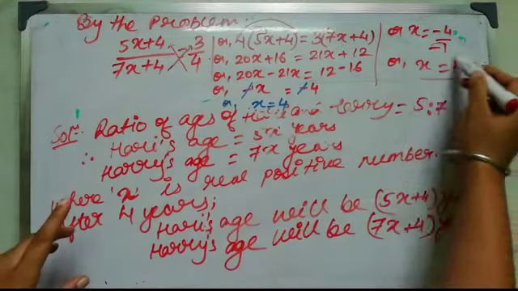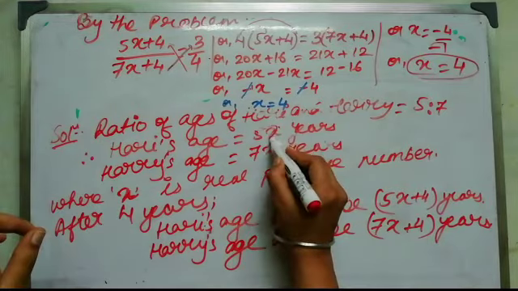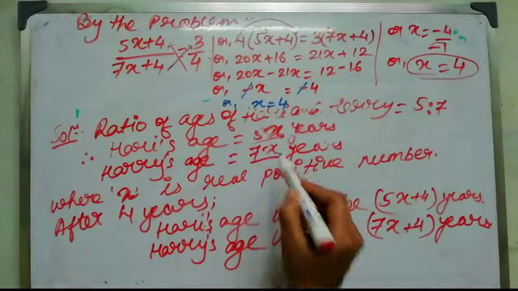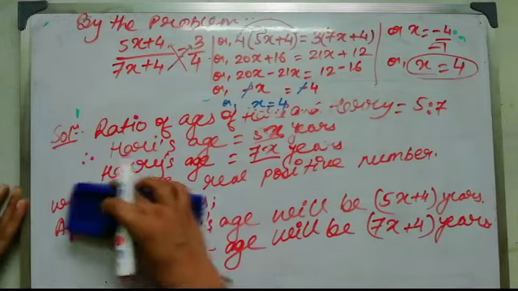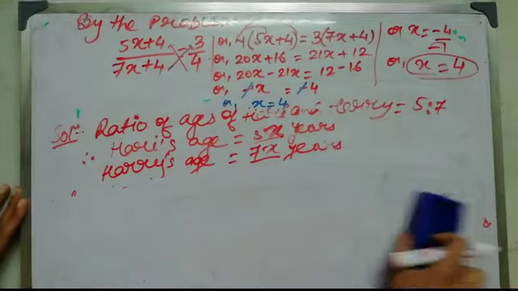But is this my answer? No. My question was basically the present ages of Hari and Harry, which are 5x and 7x. I will keep this part, I will rub the second part because I need the first part.